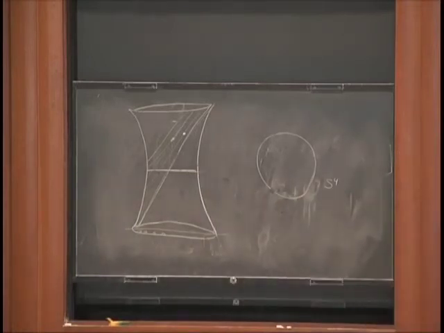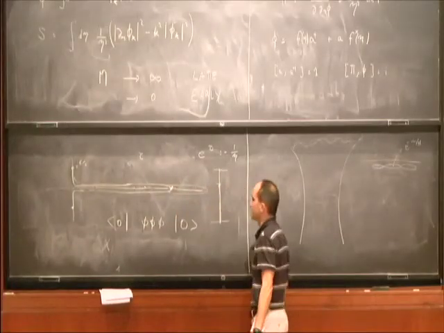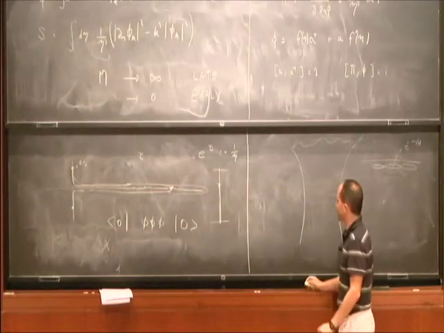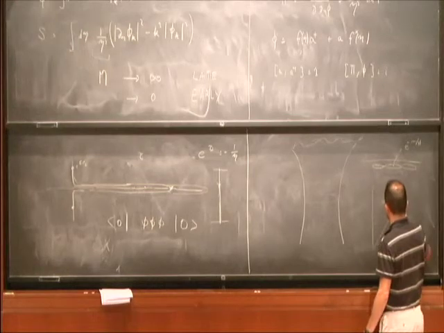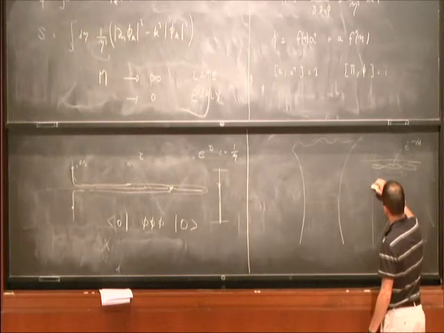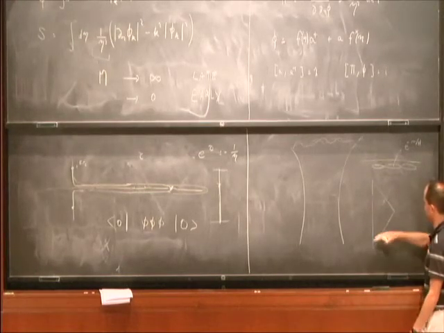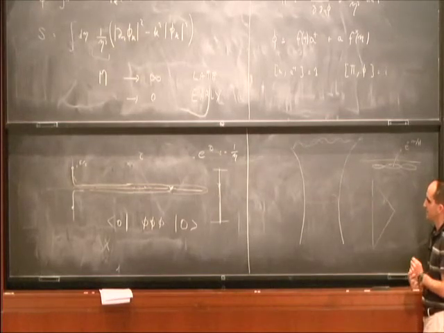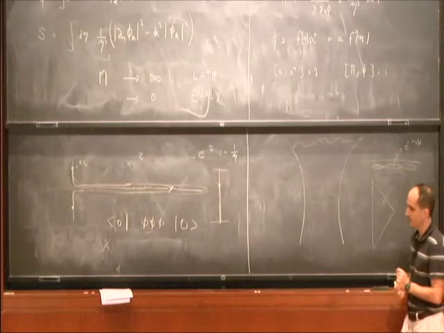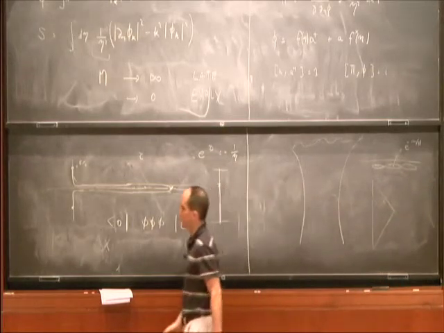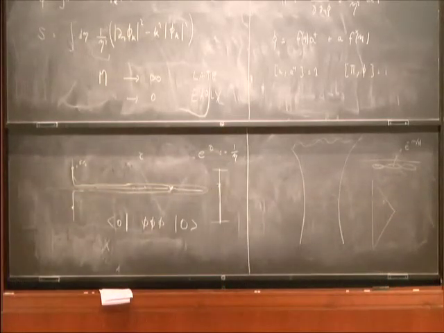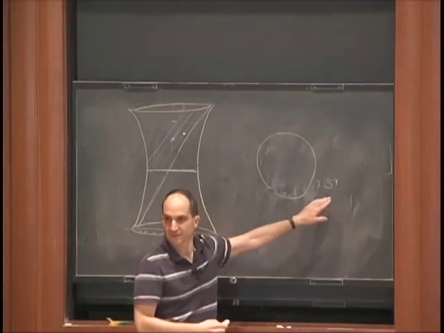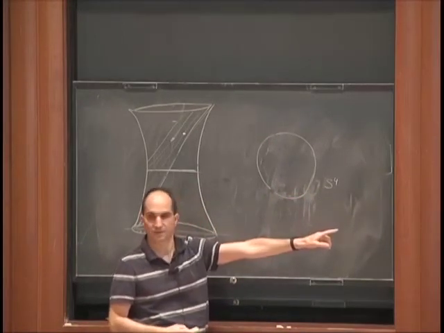Okay. And the basic reason can be understood from the static patch picture. In the static patch, this state that we were discussing is a state that is in thermal equilibrium. And the way to see that is what Lenny already discussed, the fact that you can do another analytic continuation of this S4 that directly gives you the static patch.